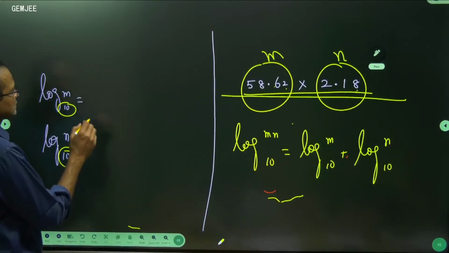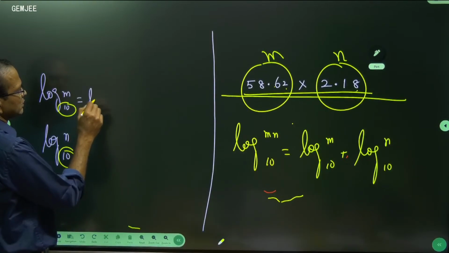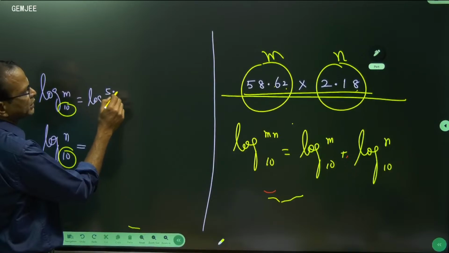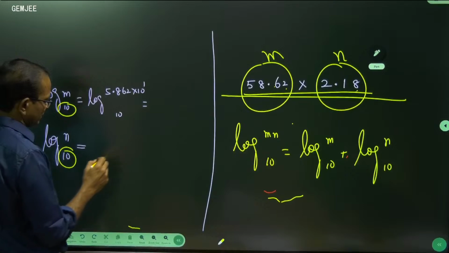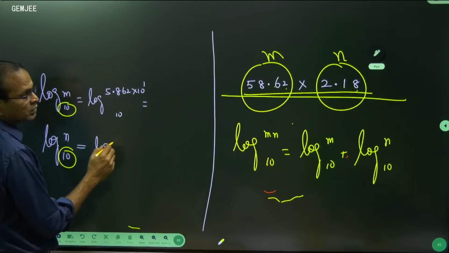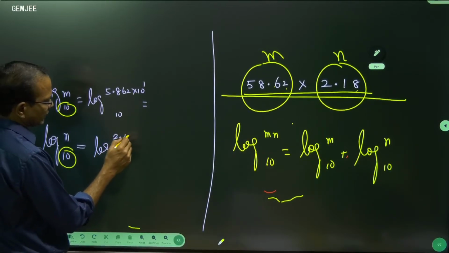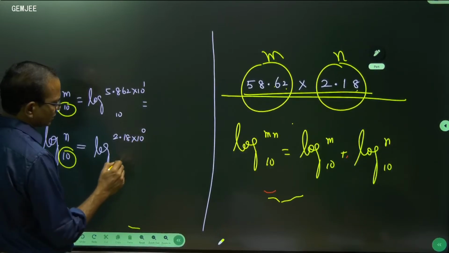So now what do you get? Log of 5.862 into 10 power 1 to the base 10, and log of 2.18 into 10 power 0 to the base 10.